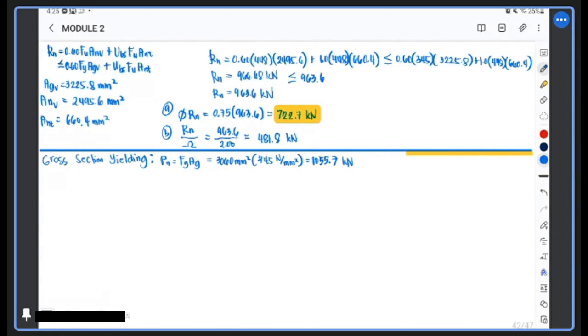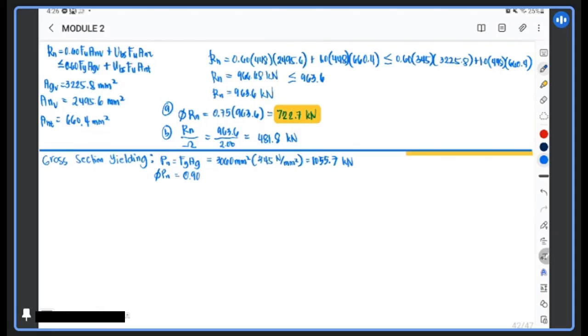Then, to check for ASD and LRFD, gross section yielding strength or yield strength. We have phi Pn. What is phi for gross section yielding? Is it 90% or 75%? Kapag gross section yielding, we use 90% or 0.9 for the reduction factor.